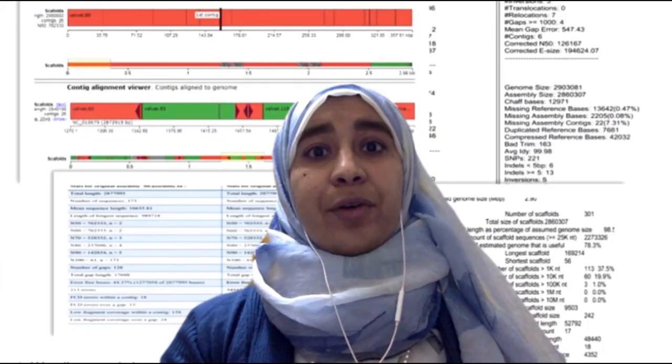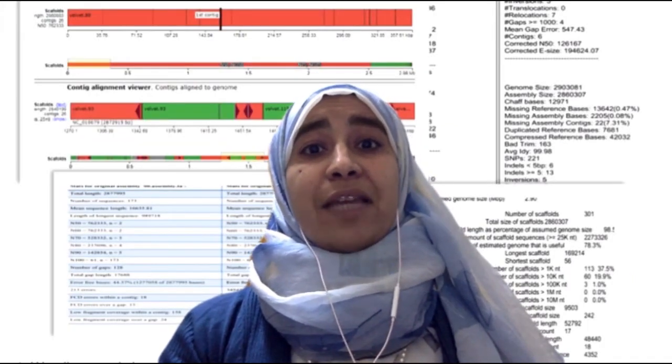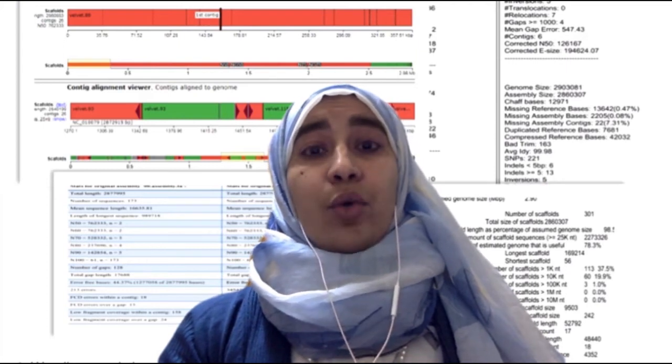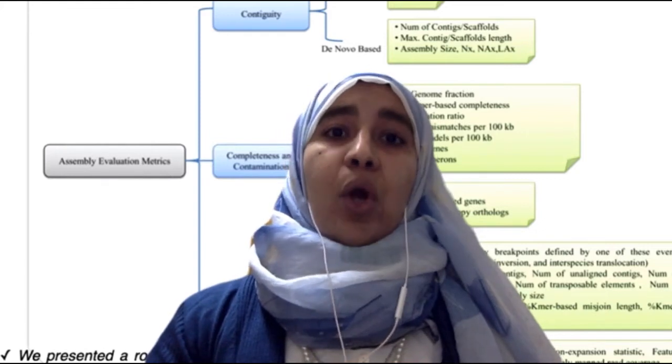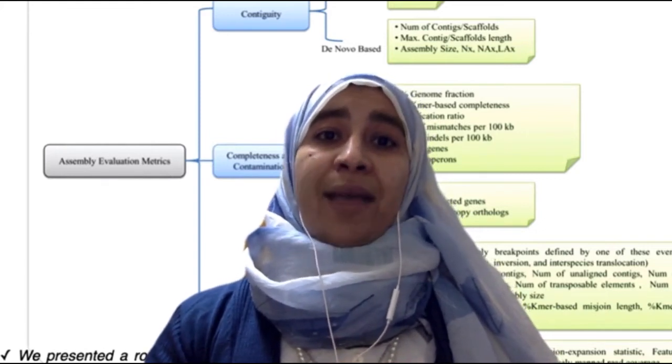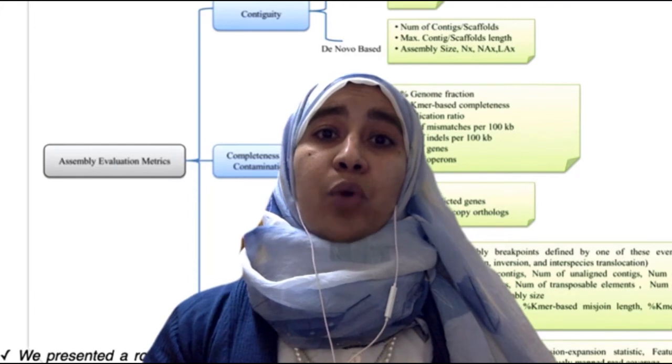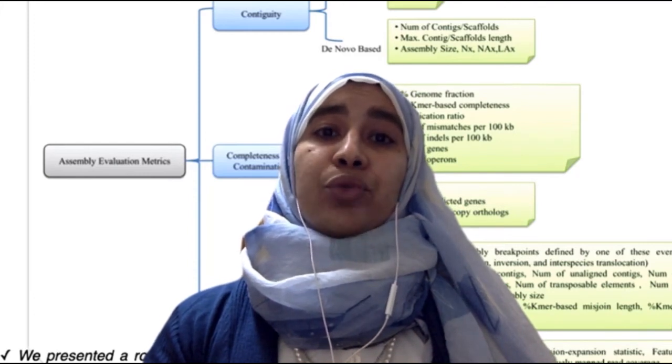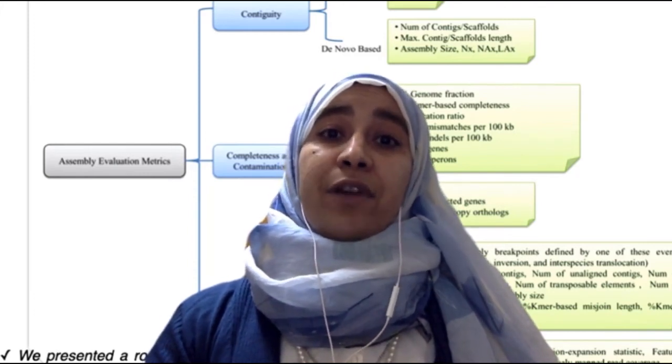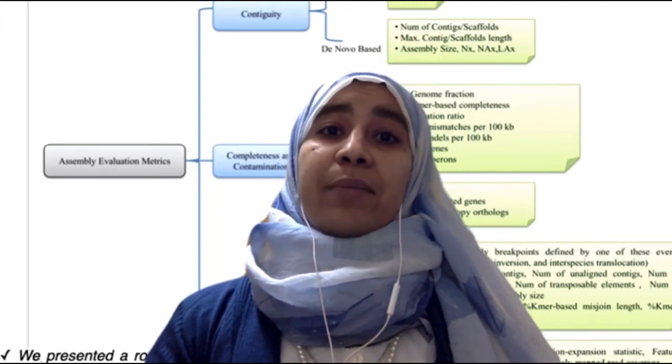In this paper, we discuss the assembly evaluation process as a core stage in any sequence assembly pipeline. Also, we presented a roadmap that is followed by most assembly evaluation tools to assess different assembly evaluation metrics.